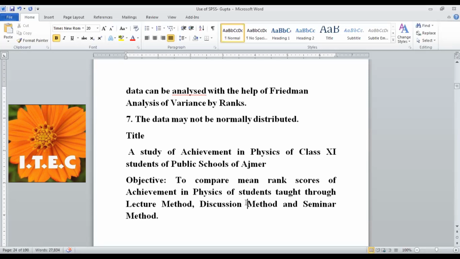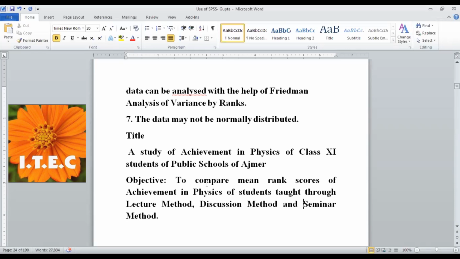Now, you again teach for 1 week, and at the end of the 1 week, you again administer the same test. After that, the same group of students should be taught the same topic with the help of seminar method for 1 week.